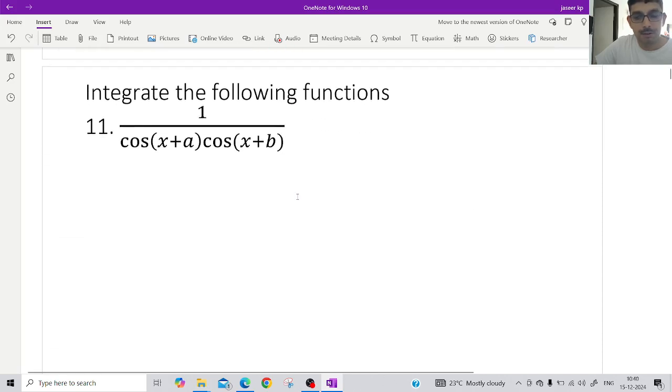Integral of 1 by cos(x plus a) into cos(x plus b). So we will be simplifying this.